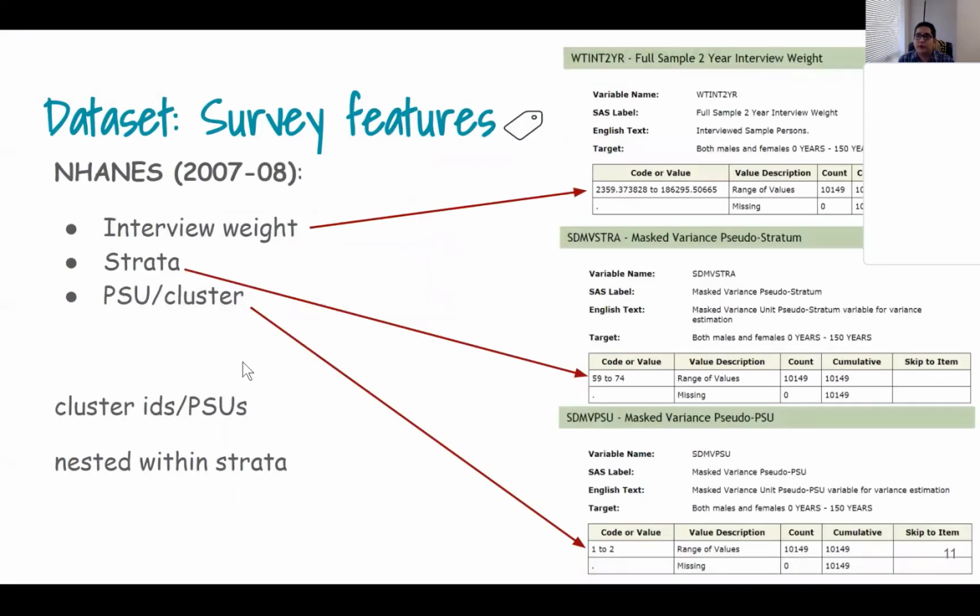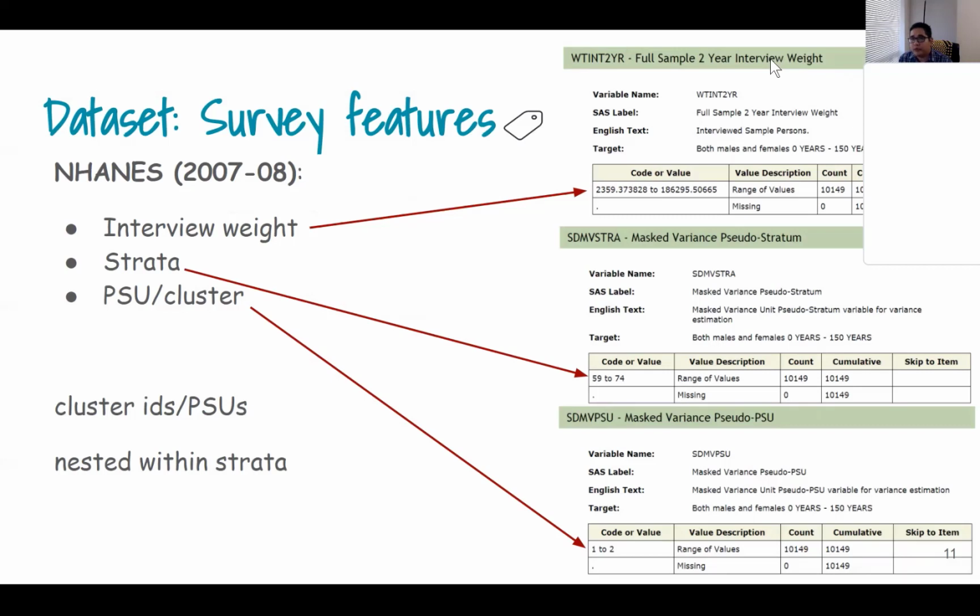All right, so we have talked about interview weights, we have talked about strata, and we have also talked about the PSU or the cluster. So strata and PSU are something that you determine at stage 1, and this interview weight is something that you determine at the end of your sampling.